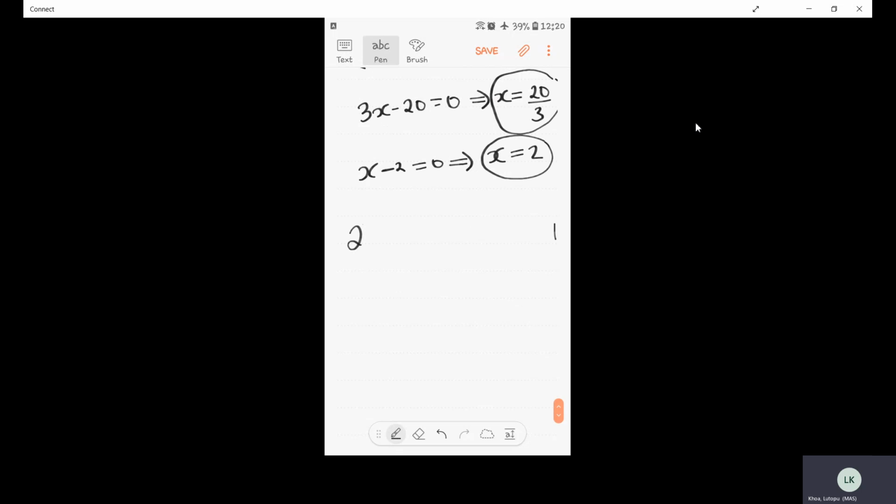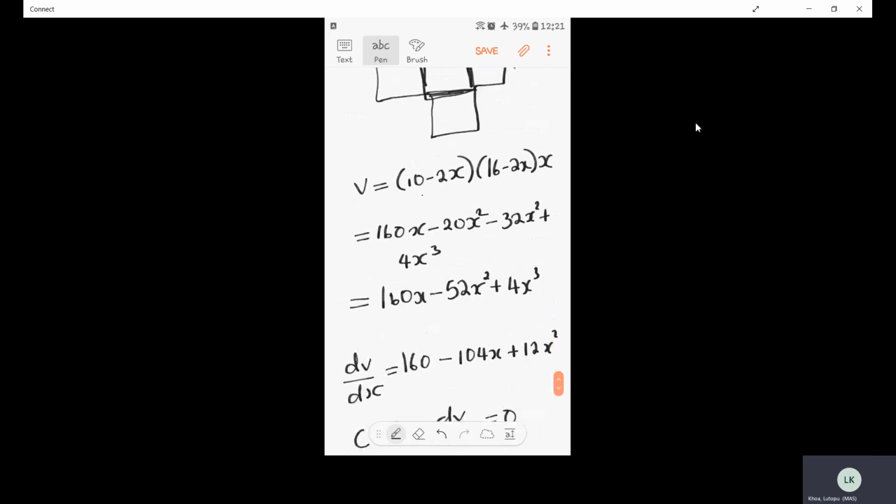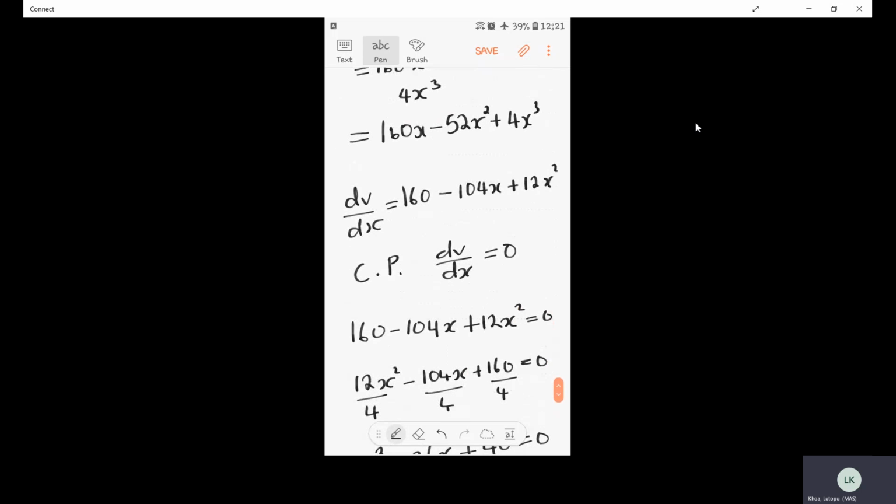So now the second derivative test. We have to work out the second derivative. So to get that, I differentiate the first derivative. The first derivative is this one over here, not the one where you divided by 0.